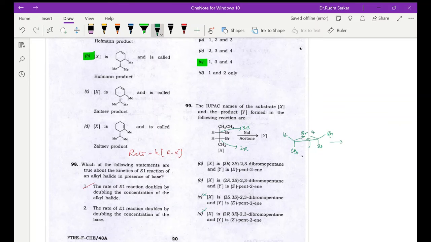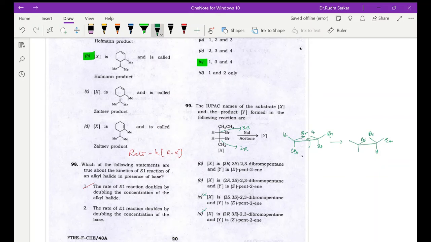So if we go like that, then this goes obviously in this direction. Et comes over here, right? And H comes here, right? And Br goes here.